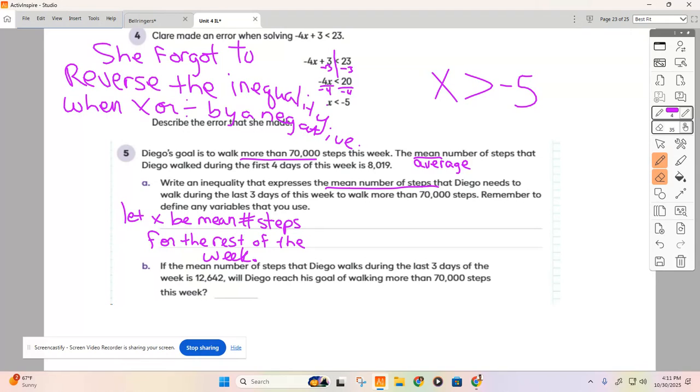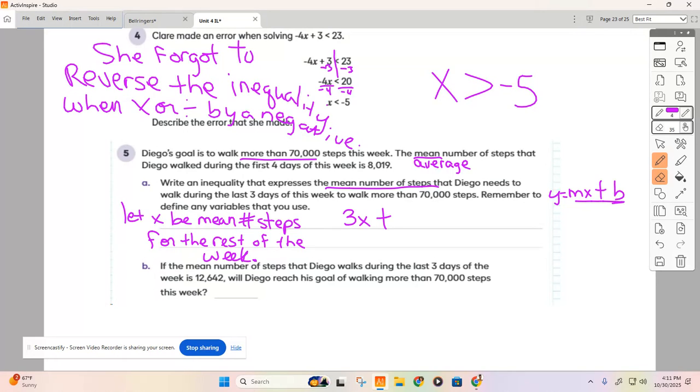Okay, so think about your y equals mx plus b. I'm going to start with the slope part. We have 3 days that we're going to be walking x.